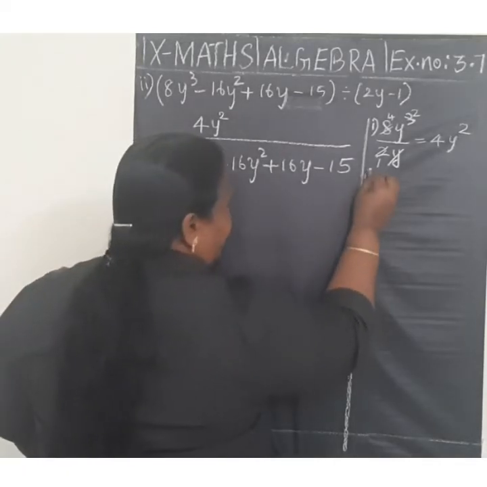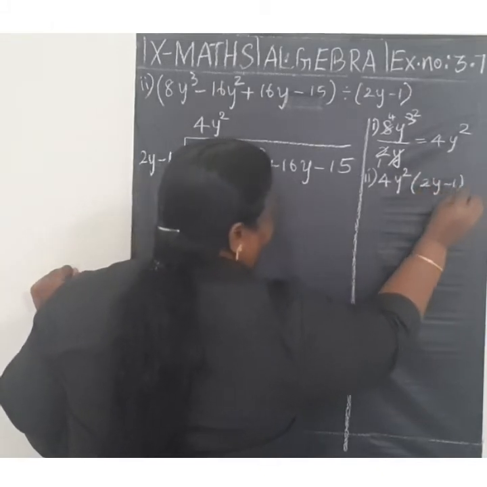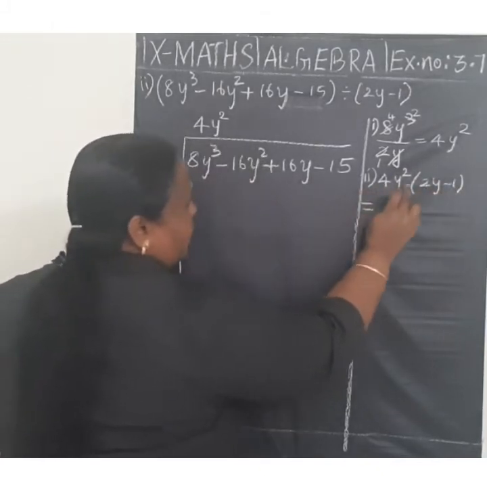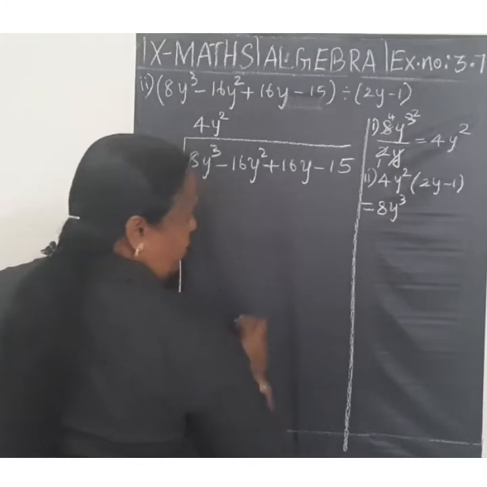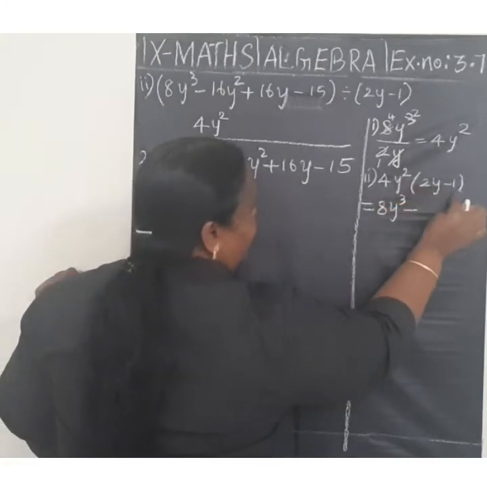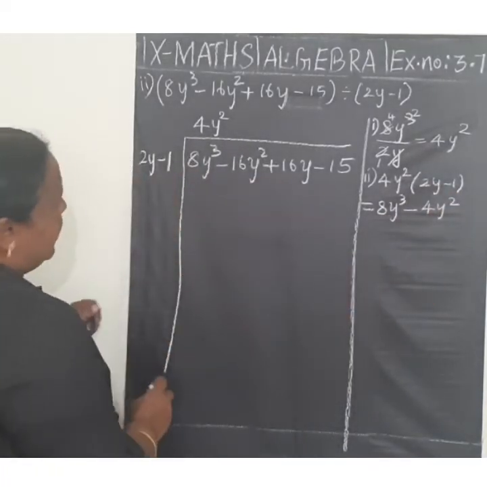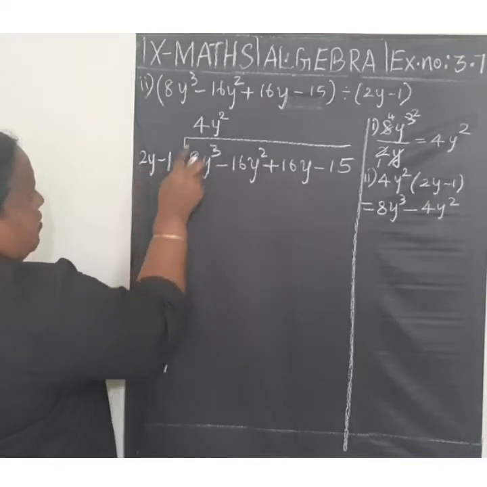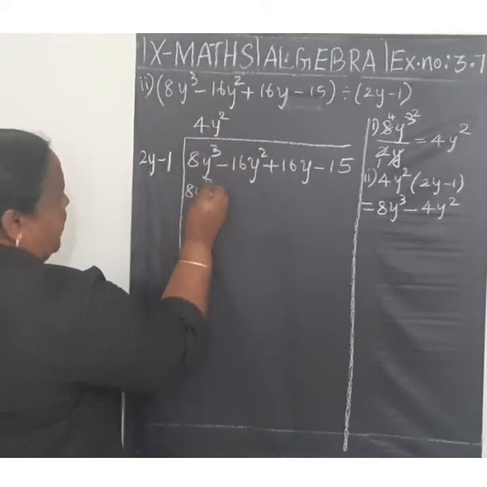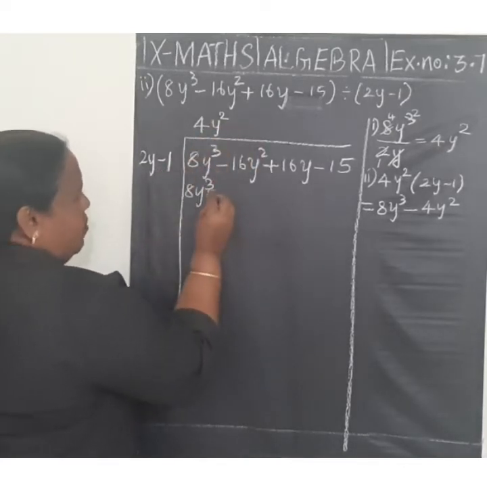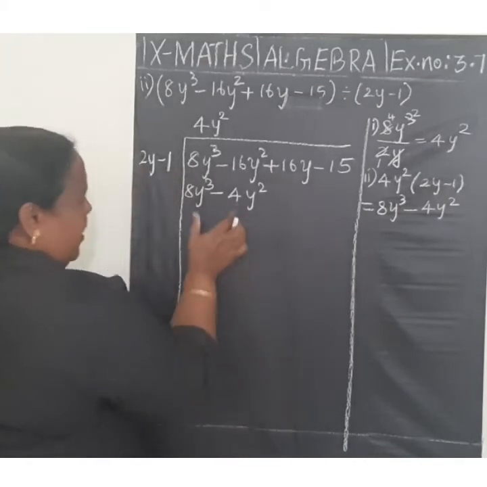So here the second step: 4y squared into 2y minus 1 is equal to 4 into 2, 8, y squared into y is y cube, so 8y cube minus 4y squared. 2y into 4y squared is 8y cube, and minus 1 into 4y squared is minus 4y squared. For that only, in the second step, we are multiplying to get these terms.